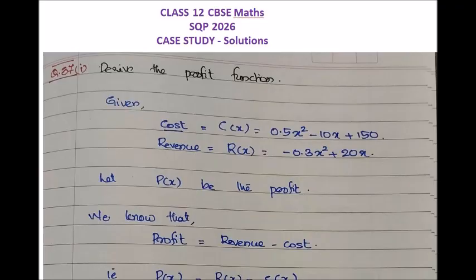First question is derive the profit function. Here, given the cost function C(x) = 0.5x² - 10x + 150 and revenue is given as R(x) = -0.3x² + 20x. Let P(x) be the profit. We know that profit is equal to revenue minus cost.